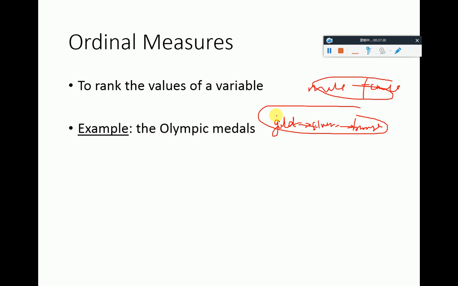But very differently from that system, with gold, silver, bronze, in addition to being categories, we can also meaningfully rank them, right? Gold is better than silver, silver is better than bronze. That's a rank. Whenever we have a rank or ranking system, this system will constitute an ordinal measure.